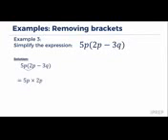Let's look at a third example. We have 5p(2p - 3q). We start by multiplying 5p by 2p, and that will give us 5p times 2p. Then watch very carefully. We bring a plus sign again, even though there is a minus in there. But this time we are going to multiply 5p by -3q.